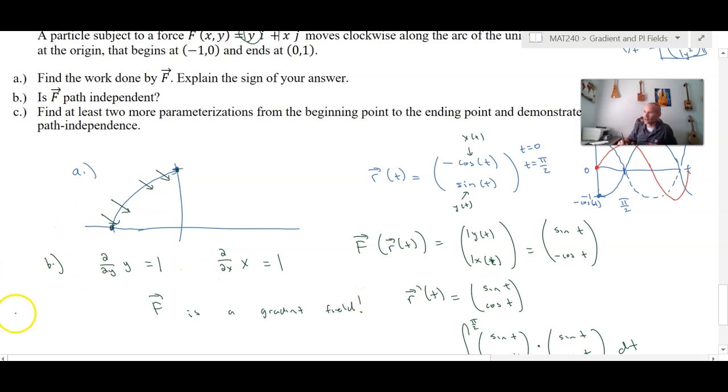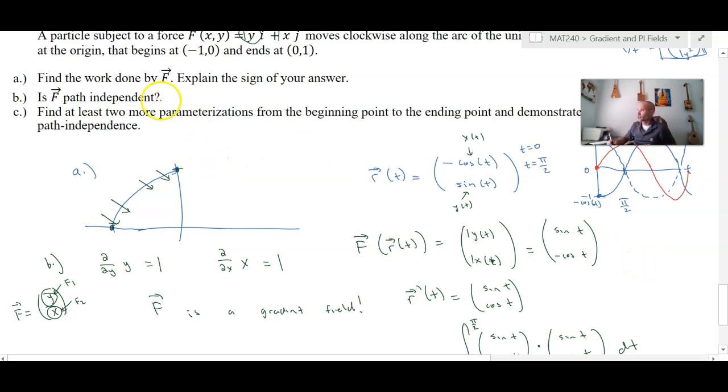Okay, so once again, what I did here is we said f is equal to the vector y, x. This is what we're calling the f1 component and the f2 component. And if this guy here is already the derivative of some function with respect to x, and if this guy here is already the derivative of that same function with respect to y, then if I take the derivative of this guy with respect to y, that should equal the derivative of this guy with respect to x, if they're derivatives of the same function.